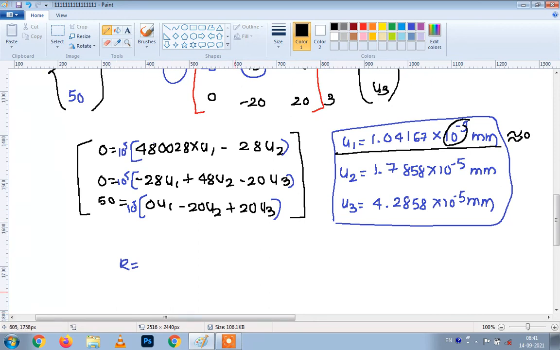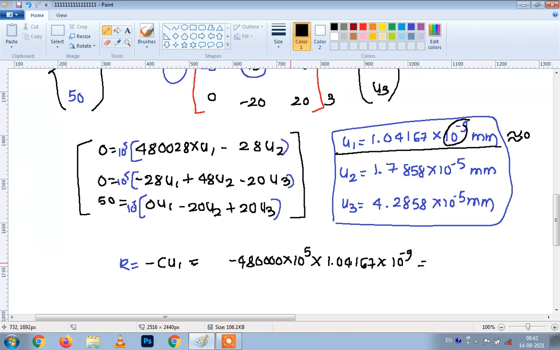When we want to find the reaction force, it is calculated as minus c into u1. So minus c, the stiffness that we have added, that value was minus 48 followed by four zeros into 10 raised to 5, into the value of u1. The value of u1 that we are getting is 1.04167 into 10 raised to minus 9.